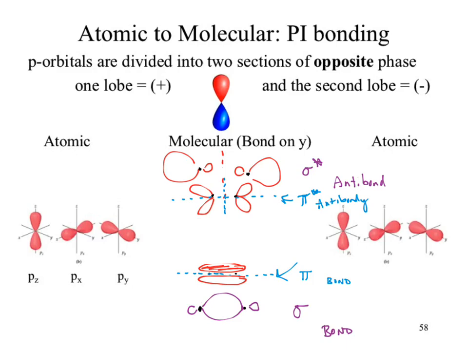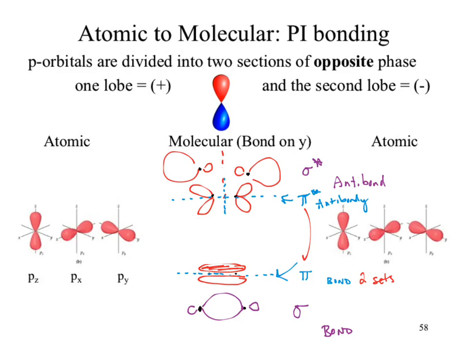Ultimately, are those any different than the py? Do they still involve p orbitals? Yeah, so they're identical, which means when we look at the pi bonding and the pi antibonding, we will get two sets. And by set, we're referencing both the pi and the pi star.